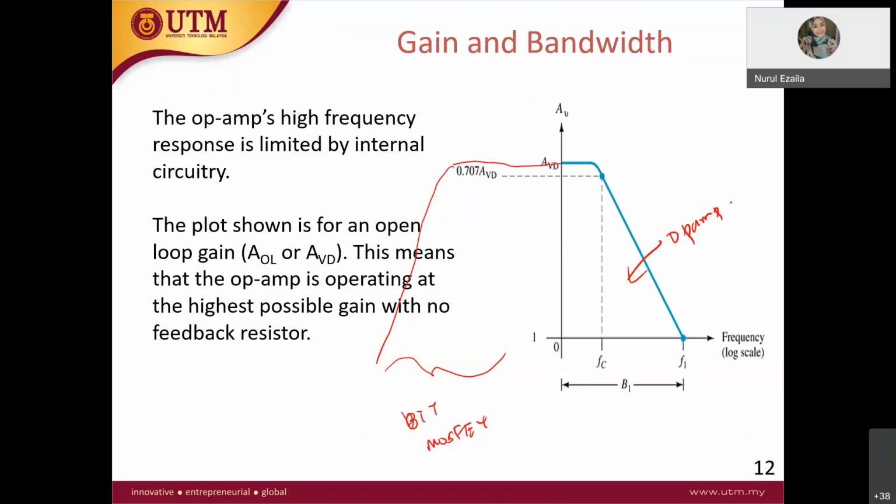Okay, gigahertz. For BJT and MOSFET you can use maybe up to megahertz, but if you want wide bandwidth applications up to gigahertz, usually we use op-amp.